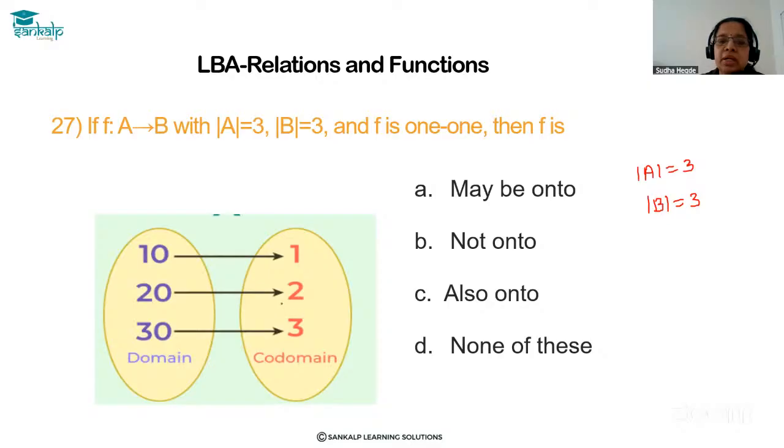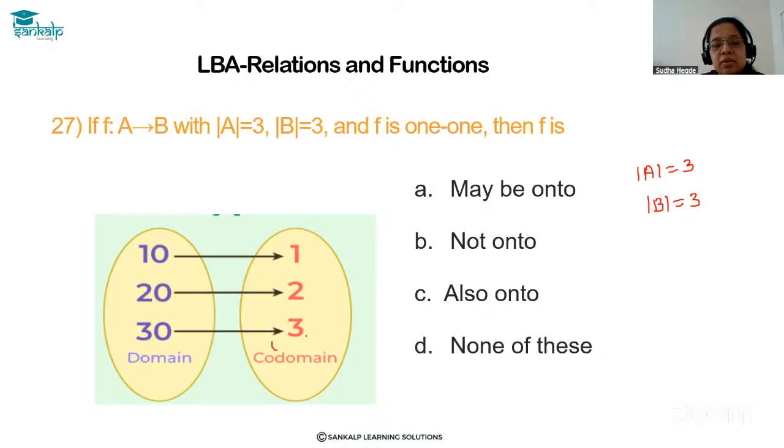To be one-one, each element of the domain should map to distinct elements of the codomain. Correct? Since the codomain also has 3 elements, is there any possibility that any element does not have a pre-image?